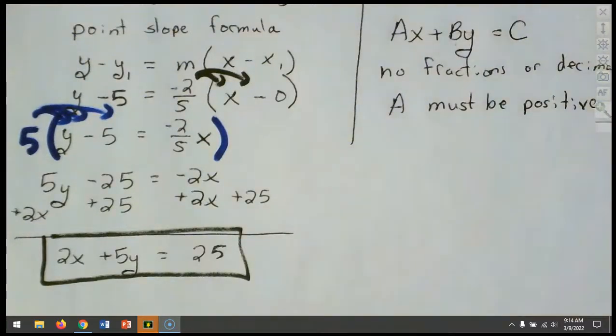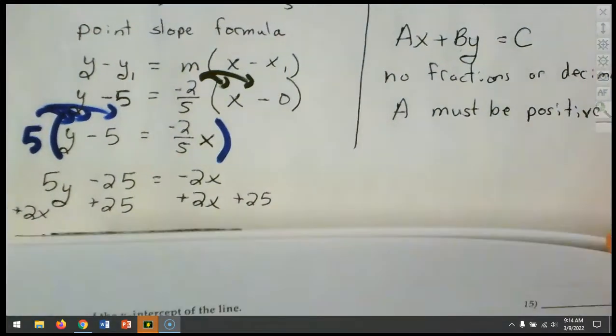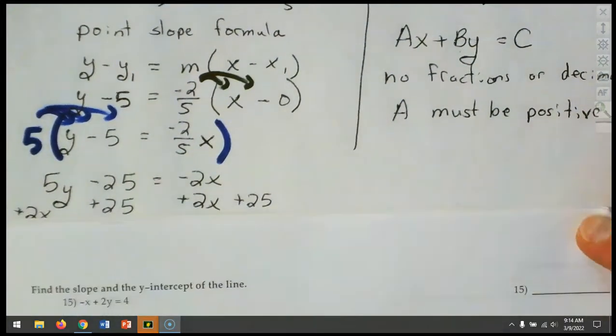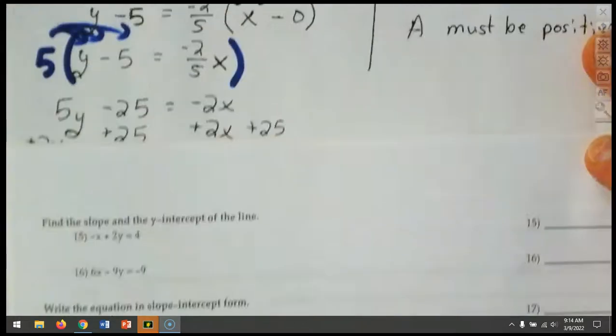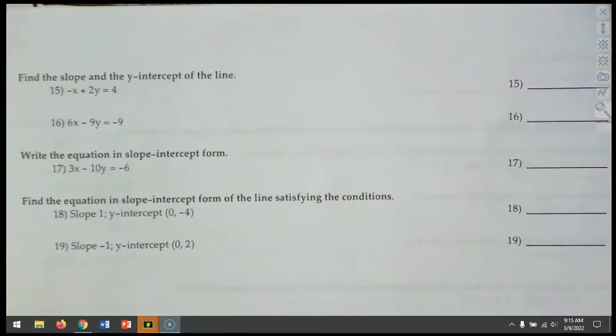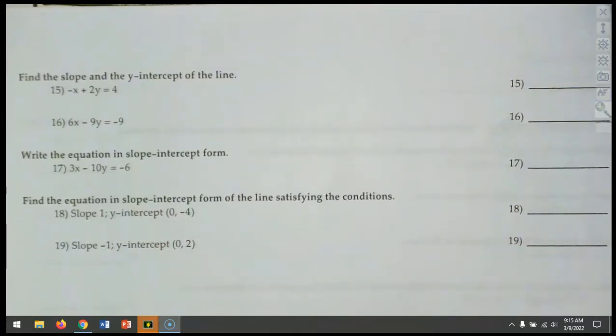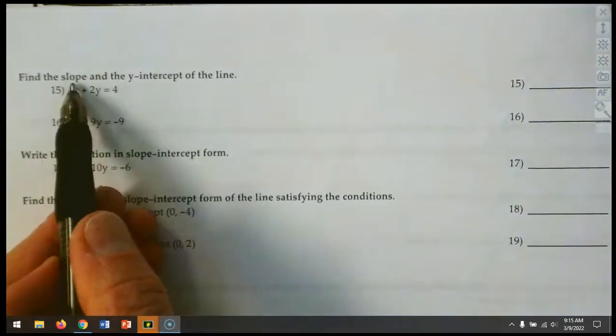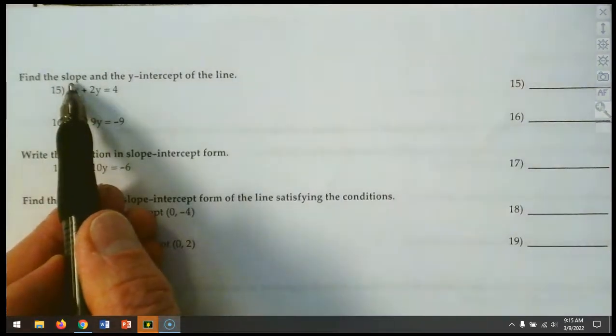Question 16 is the last one that we need to look at. And question 16, I picked this one just because in the past, students are confused about what I really want. So let's read the directions. We want to find the slope, so that means we're going to find our m.